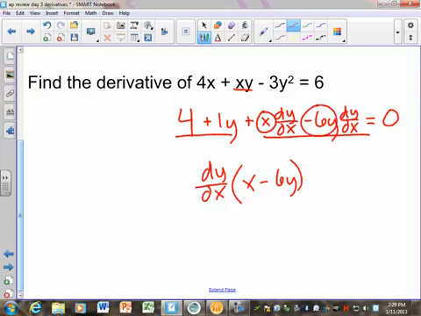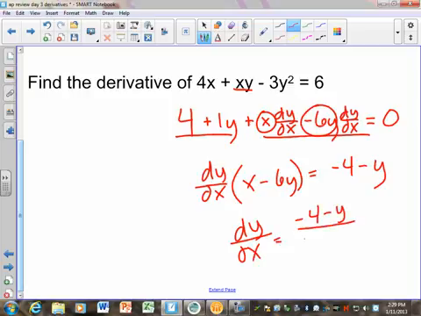That would be right there. And I'm going to move the other stuff over, so that's going to become negative 4 minus 1y, or negative 4 minus y. And then the last step is divide that x minus 6y over, so you can get what your derivative equals. And you get negative 4 minus y over x minus 6y.